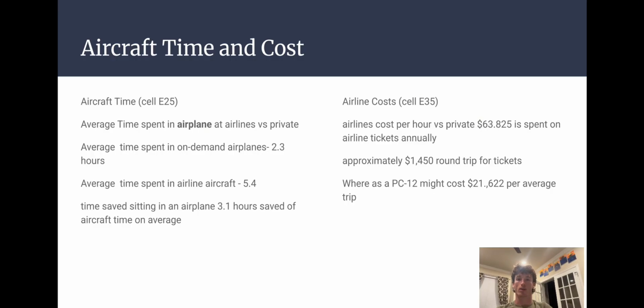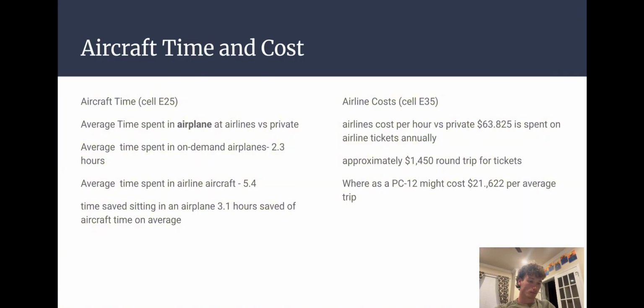So that's a total of 3.1 hours on average that you're saving from sitting on an airplane, whether you're doing your work on the laptop during that flight time, or it's just wasting away. That's 3.1 hours out of your day that you get to save, whether you're flying private or on the airline model.